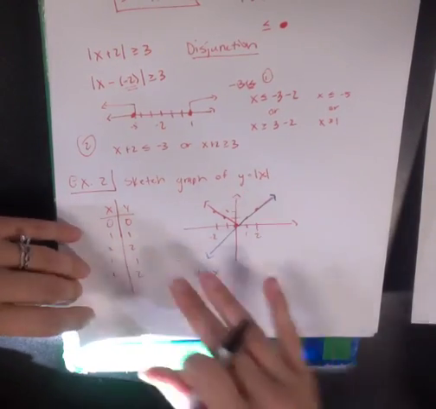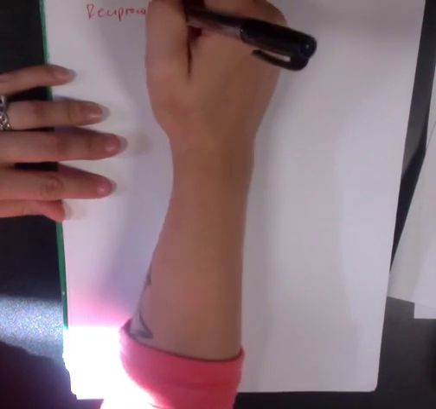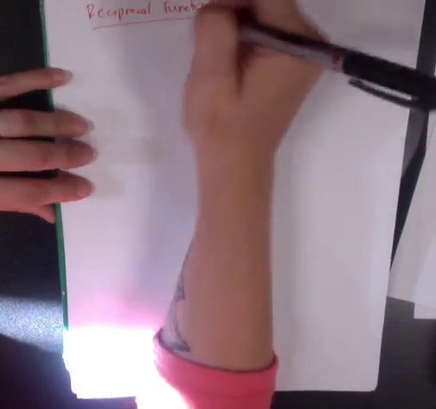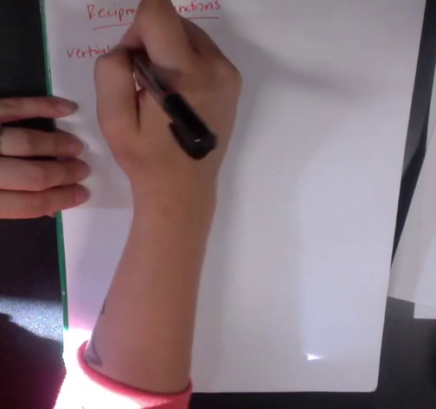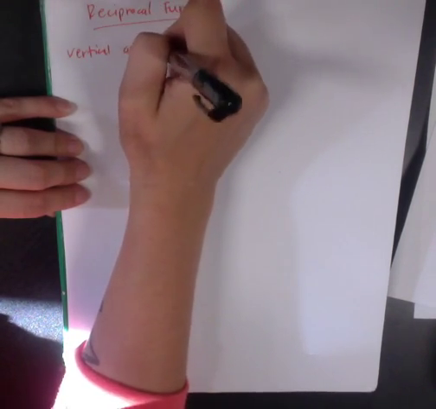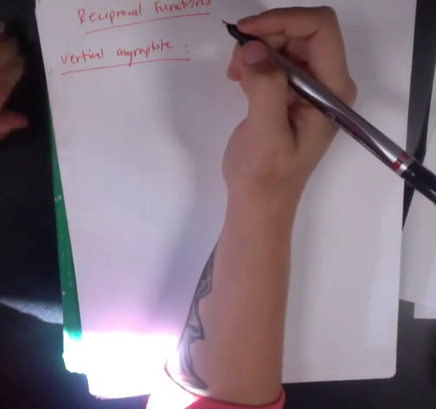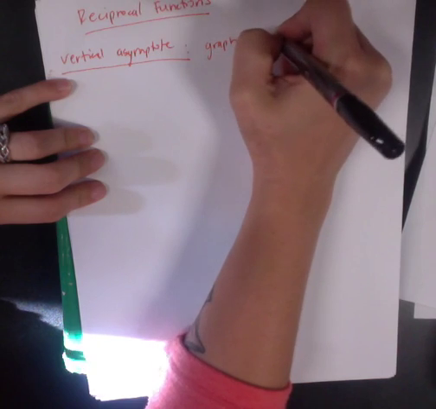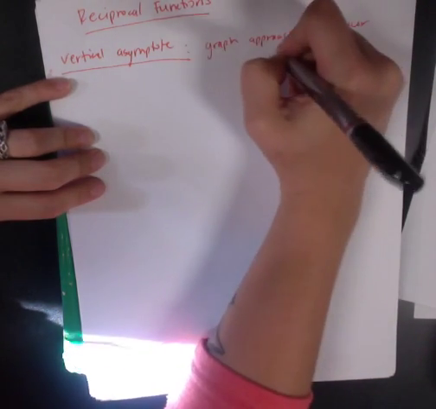All right. Let's move on to our next portion, which is reciprocal functions. Now, reciprocal functions have what is called a vertical asymptote. A vertical asymptote is a place the graph approaches but never touches or never crosses.